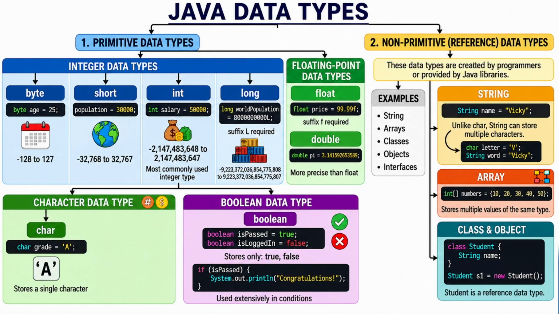Character data type is used to store a single character. Characters must be enclosed in single quotes. Examples include letters, digits, and special symbols.